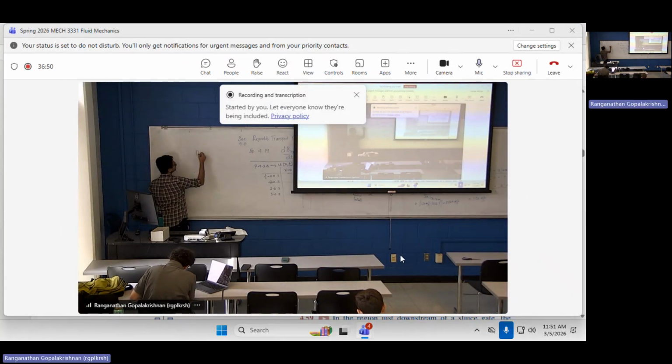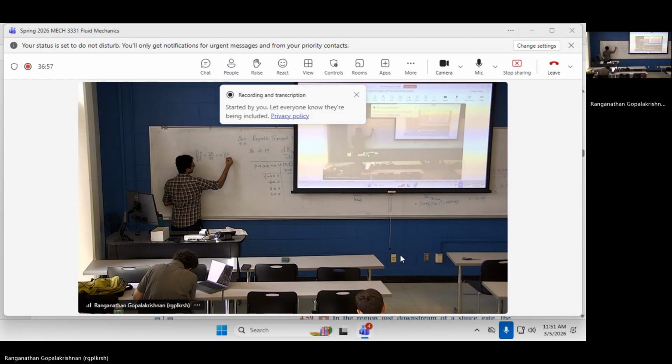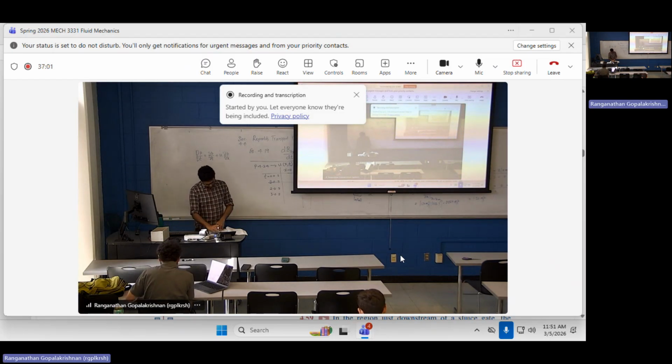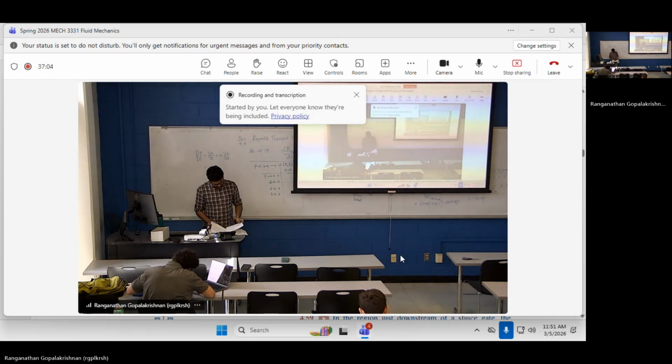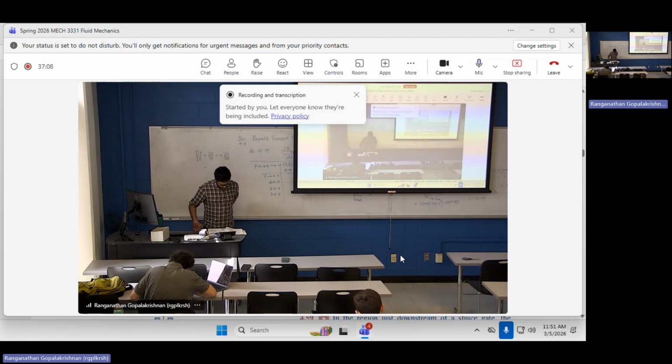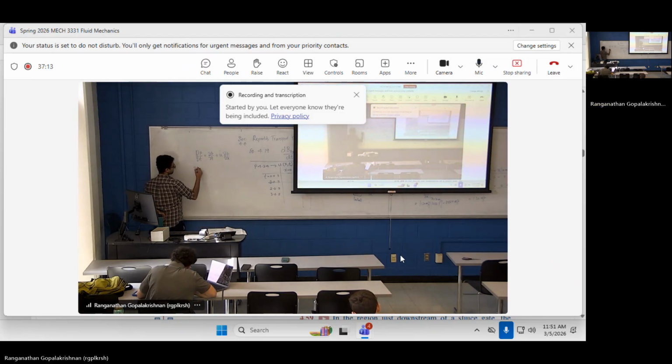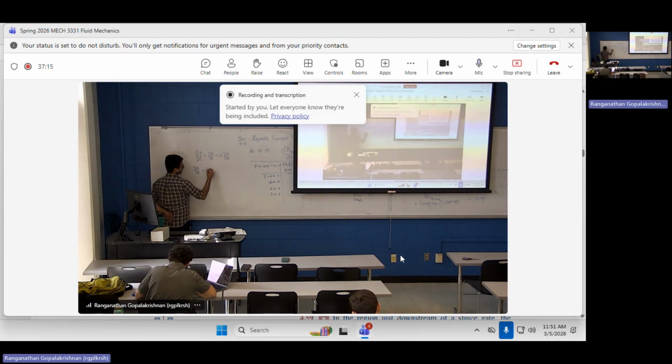So the total rate of change of pressure is the local plus the spatial. The local is 131 kilopascal minus 116 kilopascal divided by 2 seconds minus 1 second.